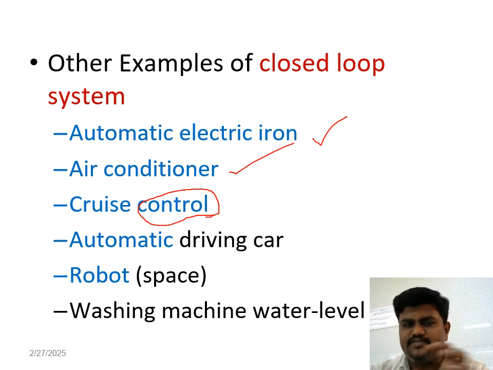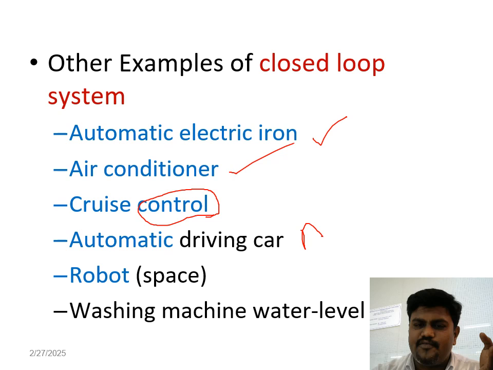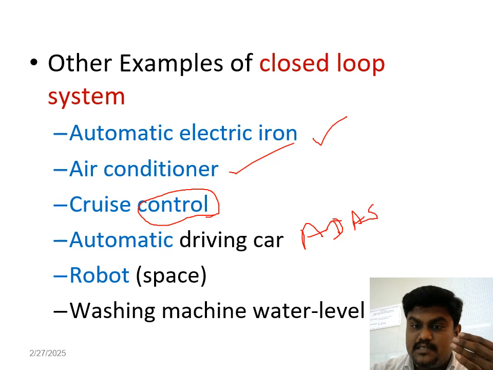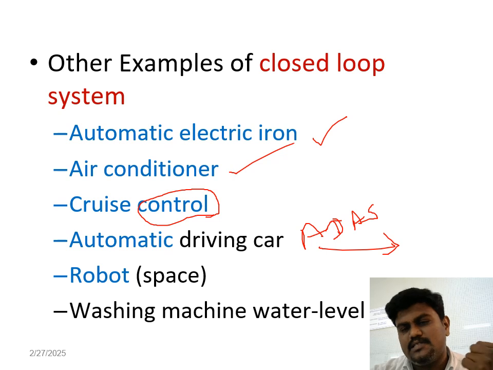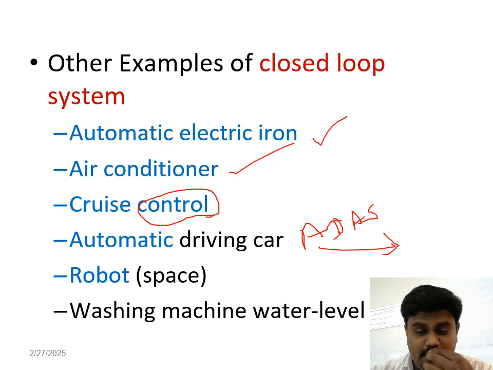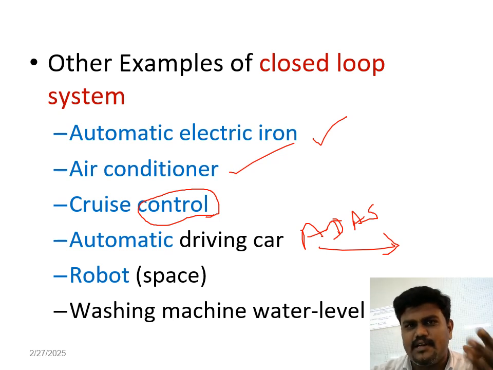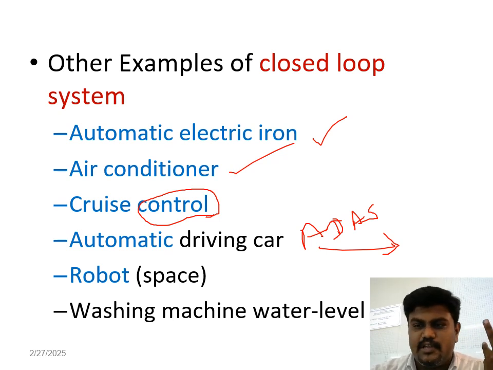This is how it works, an automatic driving car which runs with the help of ADAS technology, which is advanced driver assistance system. Many of the cars running on the road today are implementing this technology. Mahindra XUV 700, you could see this has already been implemented, and they claim it as a self-driving or autonomous driving car, and you could see evidence of that also.